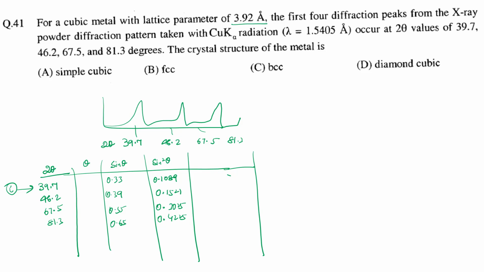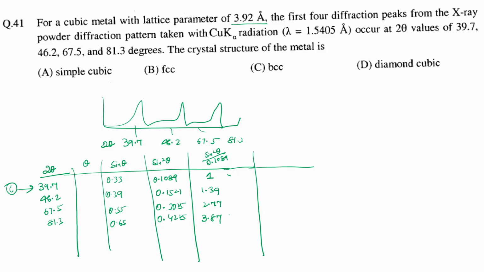So we find sine square theta divided by the first value, 0.1089. So it will be 1, then 1.39, then 2.77, then 3.87. So these are the values.